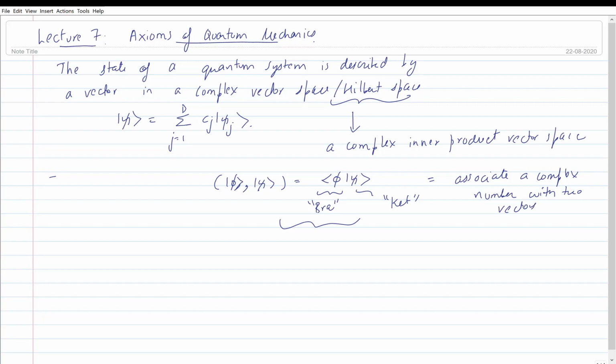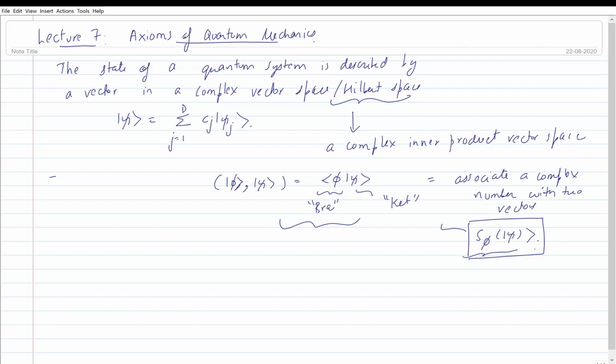I can also treat it as this guy. So what does the symbol mean? This means that one can regard the inner product as a linear function from the kets to the complex numbers.